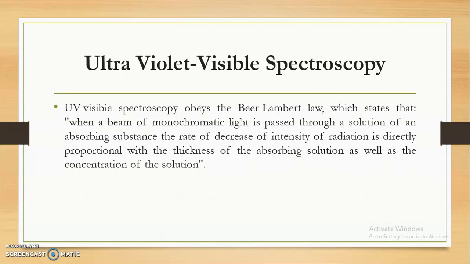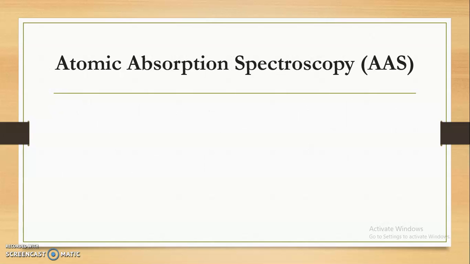Basically, UV visible spectroscopy is based upon the Beer-Lambert law, which says that when a beam of monochromatic light is passed through a solution of an absorbing substance, the rate of decrease of intensity of radiation is directly proportional to the thickness of the absorbing solution as well as the concentration of the solution. So this is about ultraviolet spectroscopy.